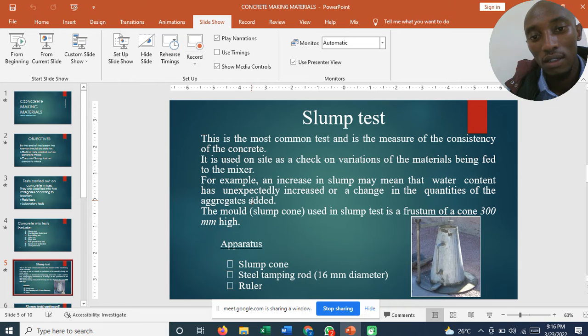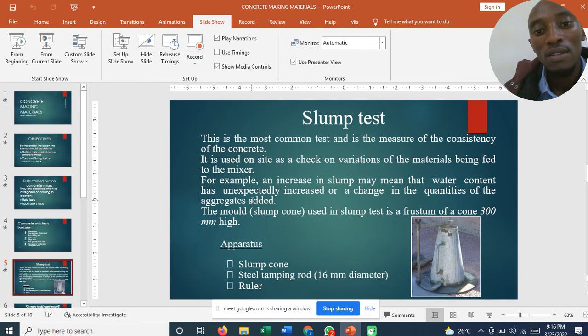A slump test is a test where you test concrete for its compactness. Thank you very much, Margaret.